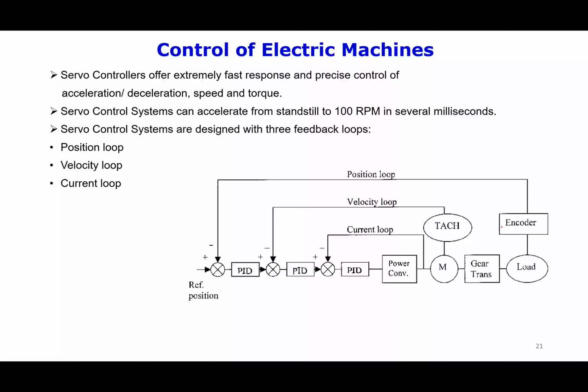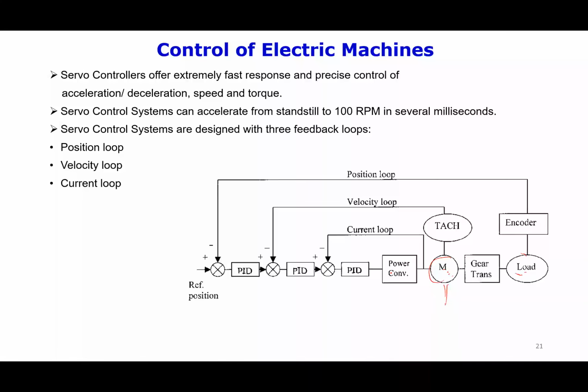So this is a block diagram of a servo control system where we are interested in the position control. So if you look at the load, the motor is driving the load. So we may use the gearbox depending on the speed required for the load and also the operating speed of the motor.